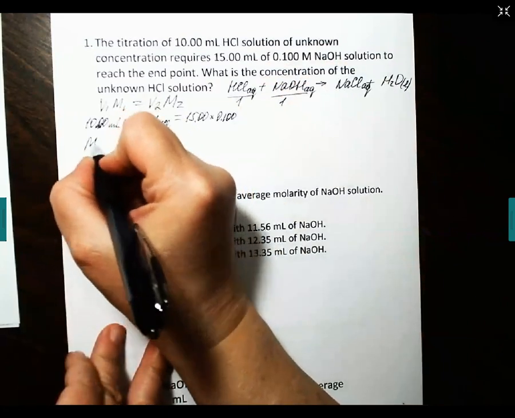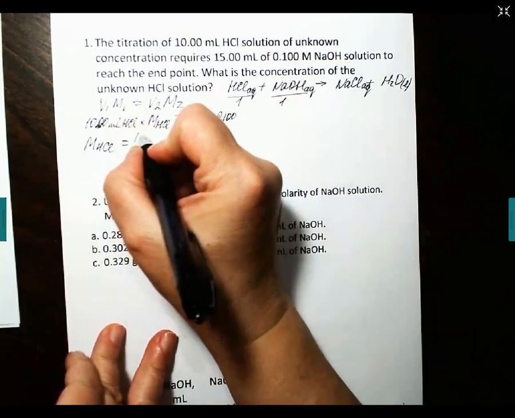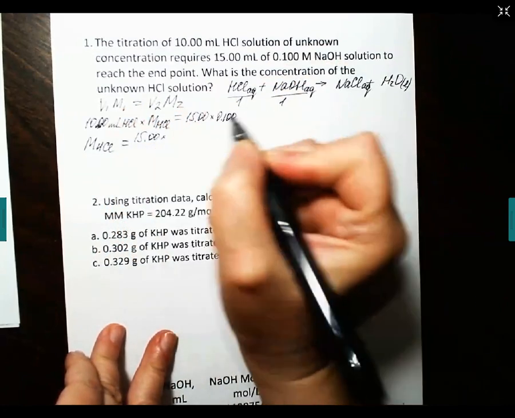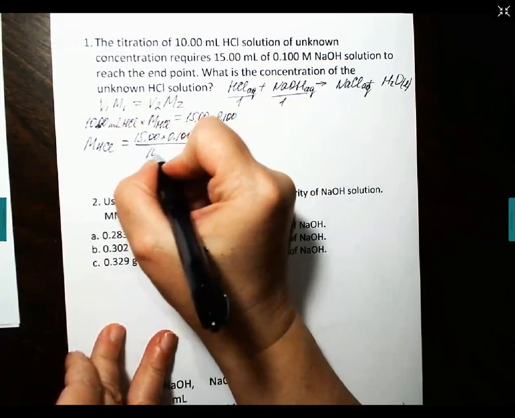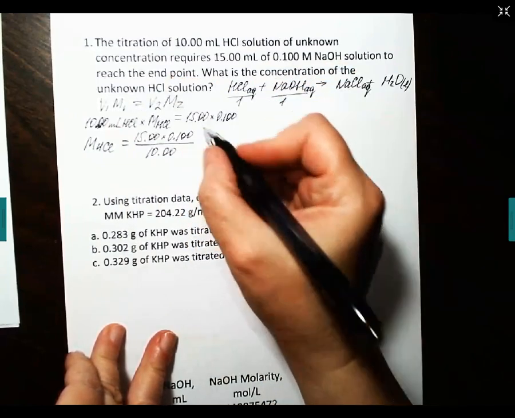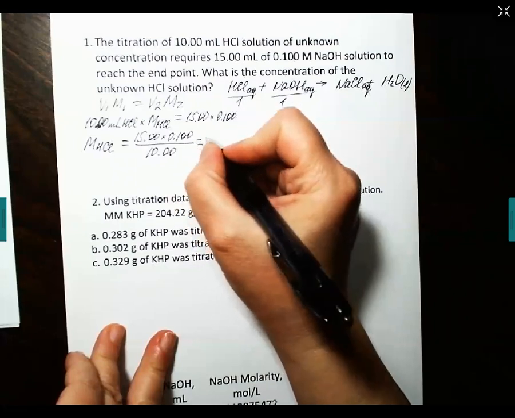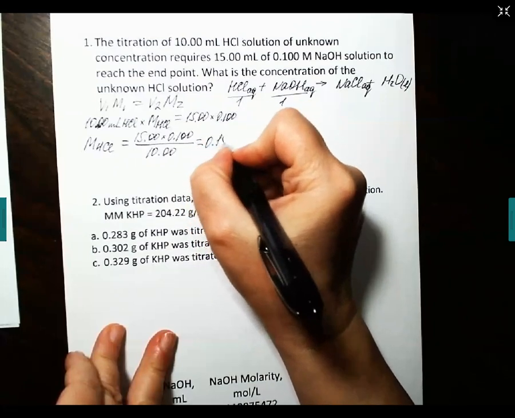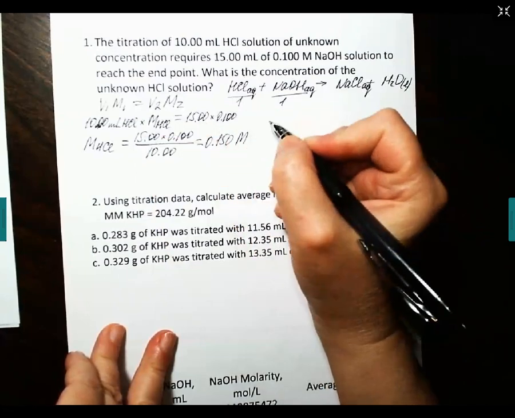And molarity of HCl equals 15 times 0.1 divided by 10. So milliliters and milliliters cancelled, and we'll get moles per liter. And this is 0.150 because we need three significant figures, M of hydrochloric acid.